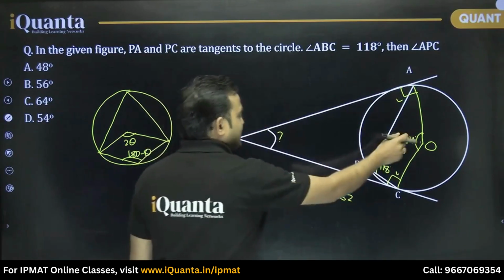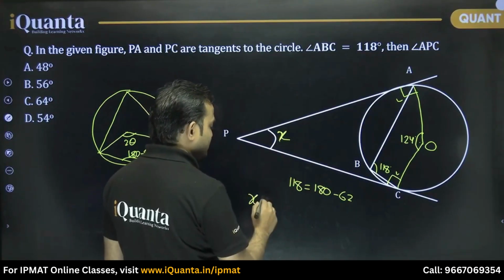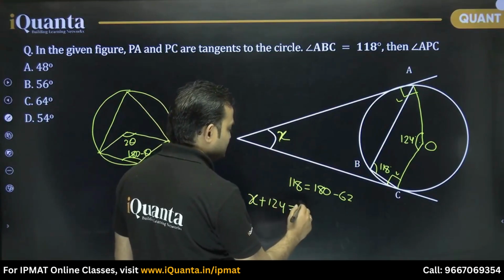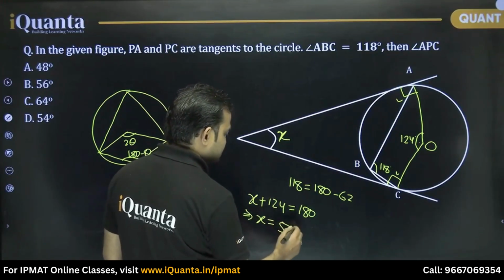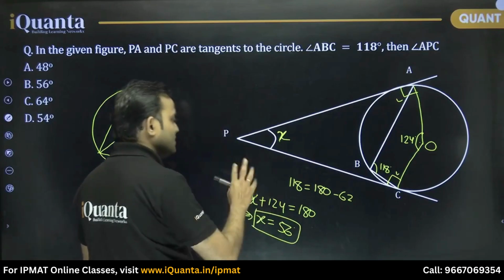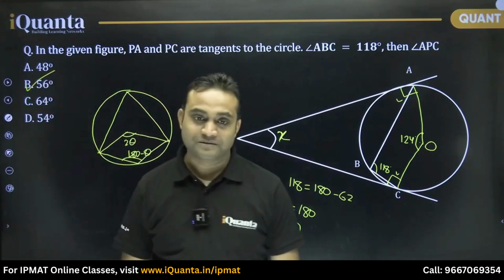This angle plus this angle should be 180 degrees. So x plus 124 is equal to 180, or x is equal to 56 degrees. So our answer is 56 degrees, that is option B.